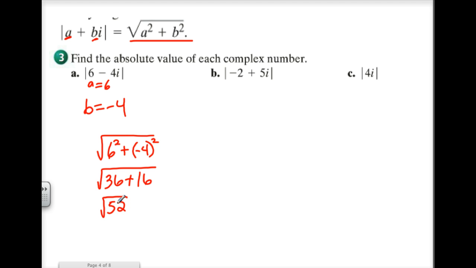And now as I look at that, the square root of 52, I know that I can divide that by 4. And so I can rewrite that as the square root of 4 times 13. And I can take the square root of 4, which is 2, but the square root of 13 stays. So in the most simplified version, the absolute value of that complex number is equal to 2 square root 13.